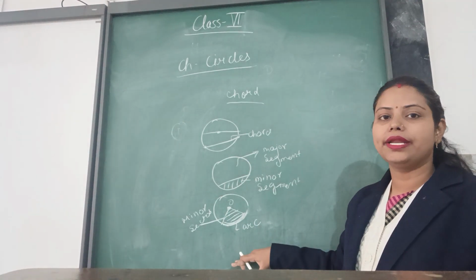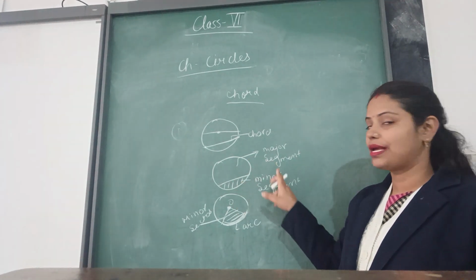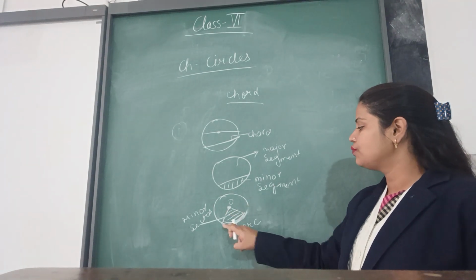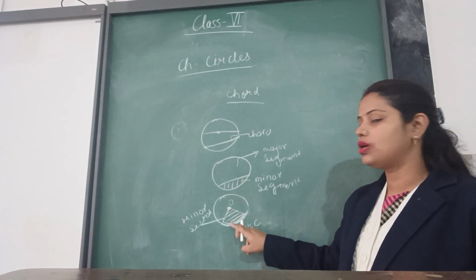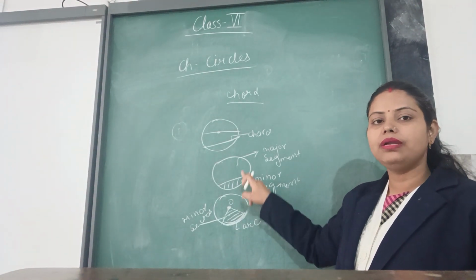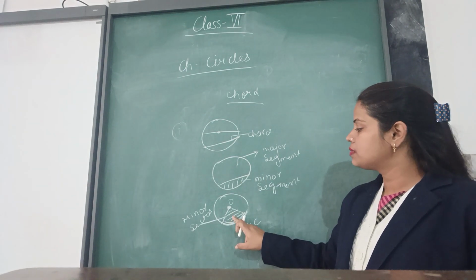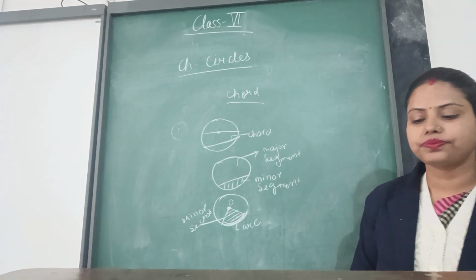We should not get confused: chord and the arc make a segment, and the radius with the arc makes a sector. Smaller area, minor segment, bigger area, major segment. Smaller area, minor sector, bigger area, major sector.